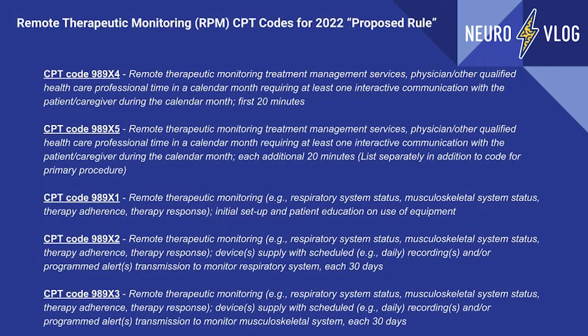Now, CPT code 989X2 is the monitoring of this remote information as it directly relates to the respiratory system, and this can be billed once every 30 days. CPT code 989X3 is, again, remote therapeutic monitoring, specifically related to the musculoskeletal system, and this can be billed once every 30 days.